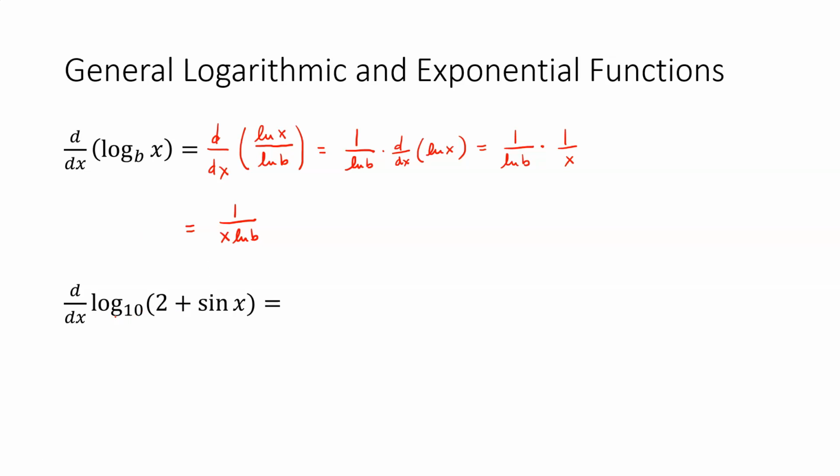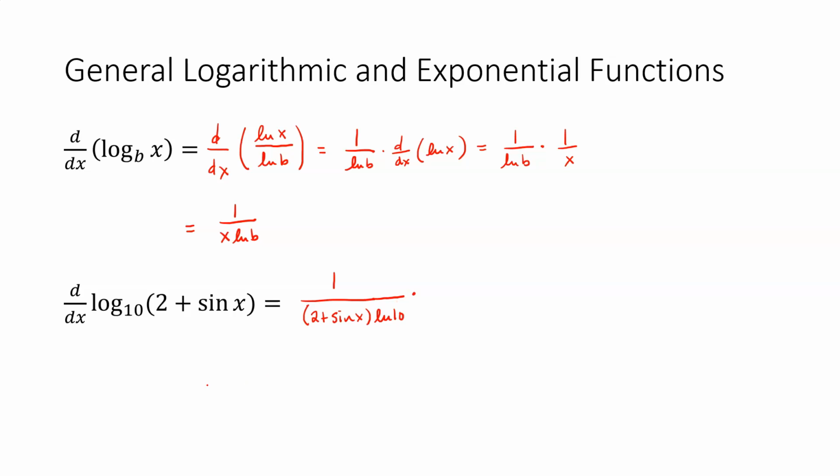Let's practice that with this example here, log base 10 of 2 plus sine x. So we'll have 1 over ln of 10 because we got a base of 10 here. But because it's 2 plus sine x inside the logarithm, we'll have 2 plus sine x times ln of 10.